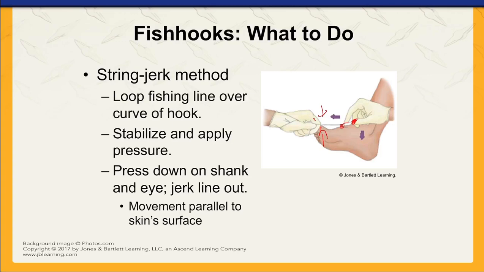Make sure it's nice and taut. Once it's nice and taut and this is straight, you want to pull firmly on it, one strong tug, and this thing will come out. It'll disengage.